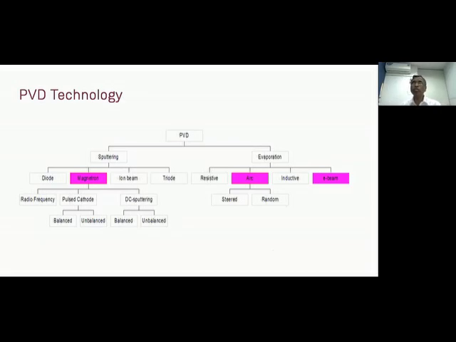E-beam means that in the PVD route, the basic technology development is through electron beam evaporation. Through that, thin film technology started. After that the arc technology came in. So now we'll see the differences between these three technologies and which is best suited from the commercial point of view as well as the coating quality point of view.